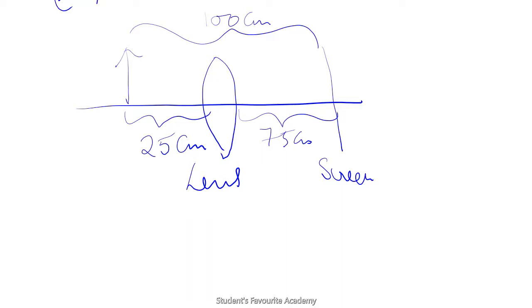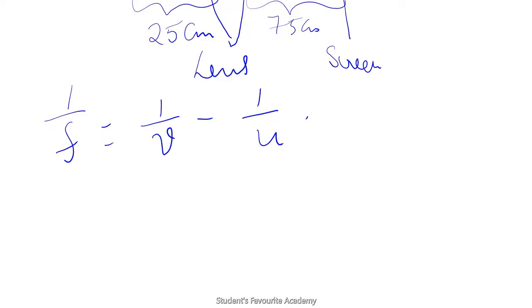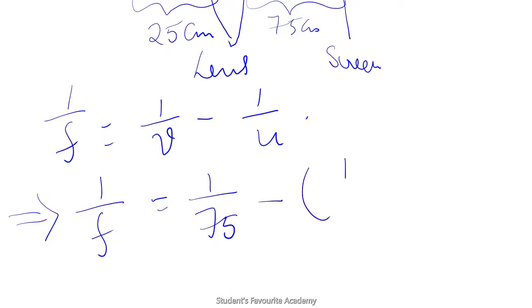Okay, so now 1 upon F is equal to 1 upon V minus 1 upon U. These are all similar sums, only a little bit changes. So V is 75, which implies 1 upon F is equal to 1 upon 75 minus 1 upon minus 25.